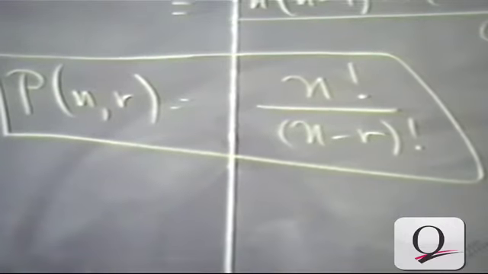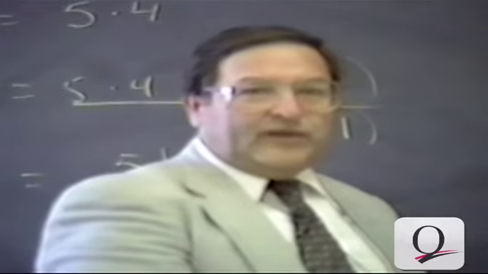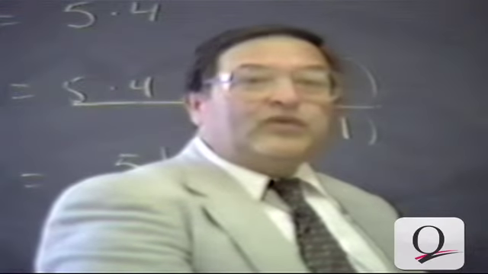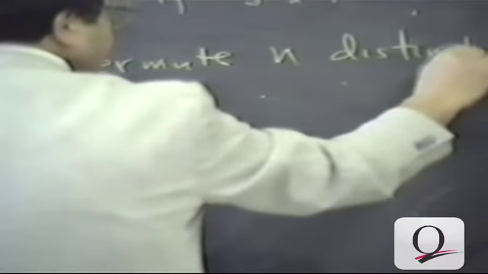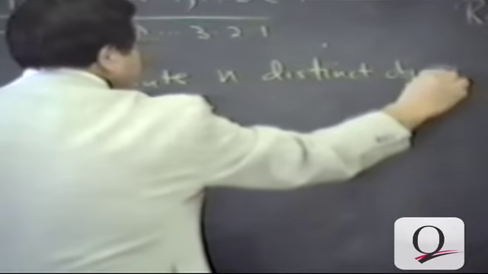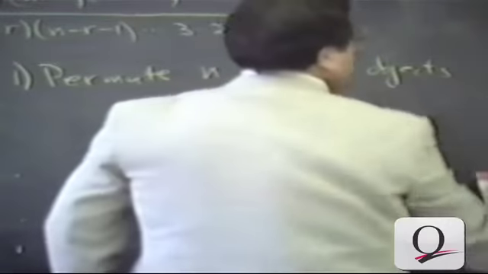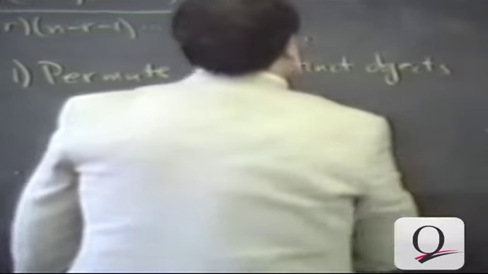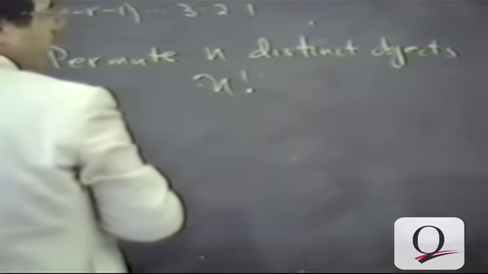So far we have 3 permutation formulas, total of 3 permutation formulas. We have if you permute all n distinct objects, n factorial ways.